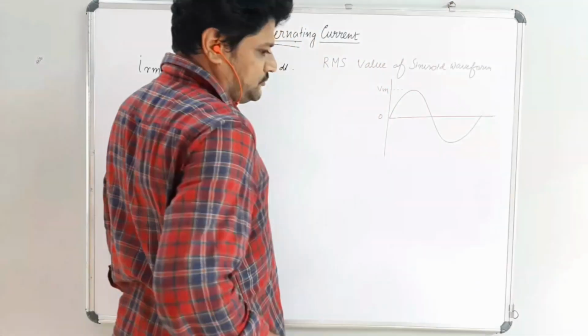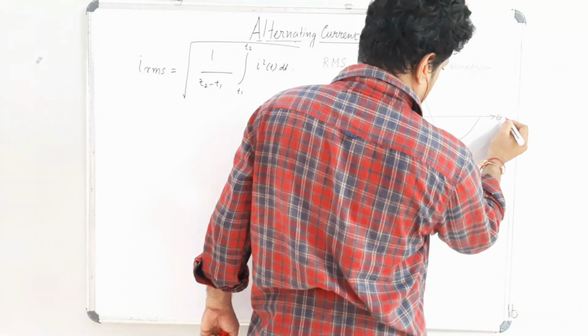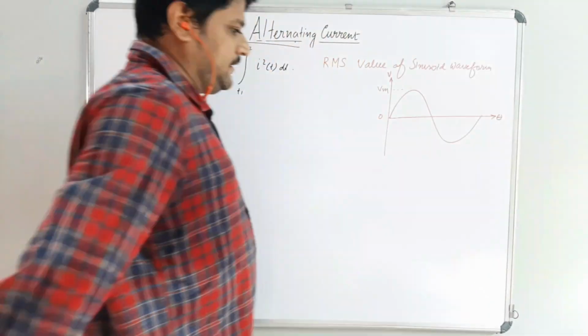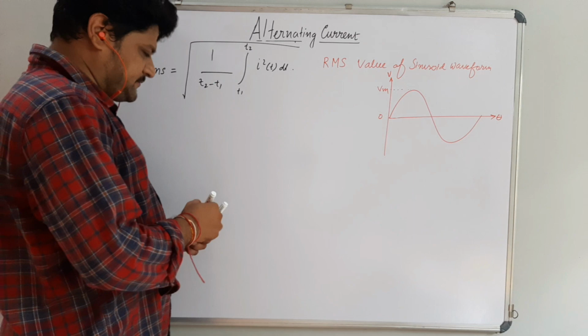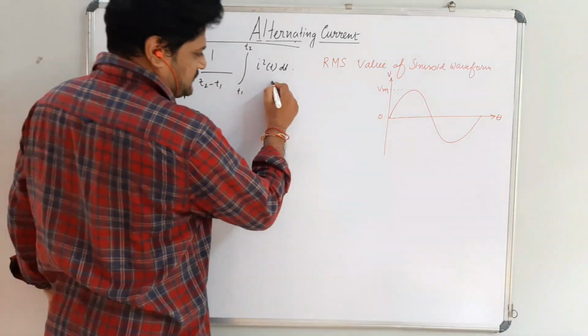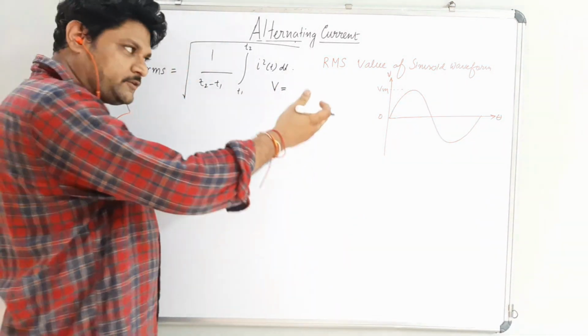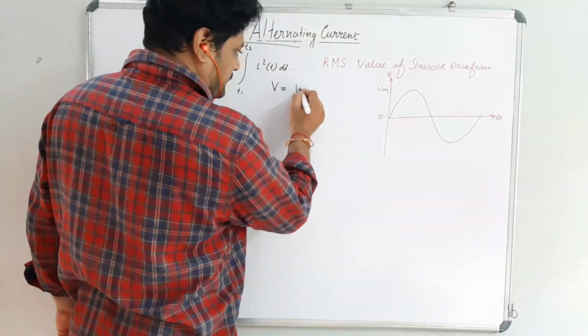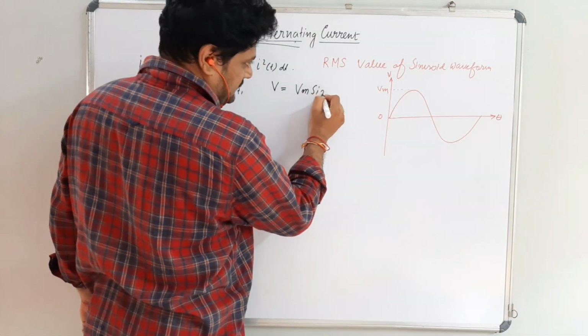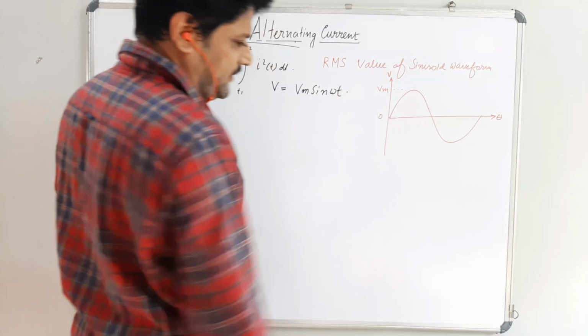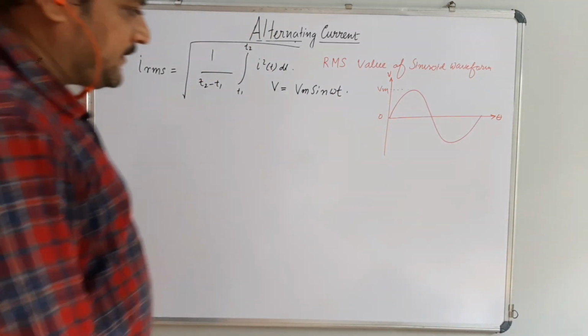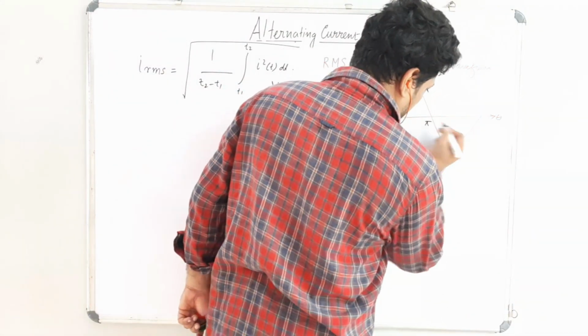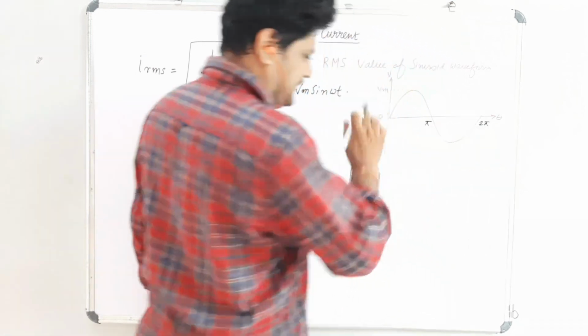It starts from 0, and this is theta. What is the expression of V? The voltage is sinusoidal in nature, so V is equal to Vm sin omega t, if it rotates at omega radian per second. So this one is pi, this one is 2 pi, this one is 0.